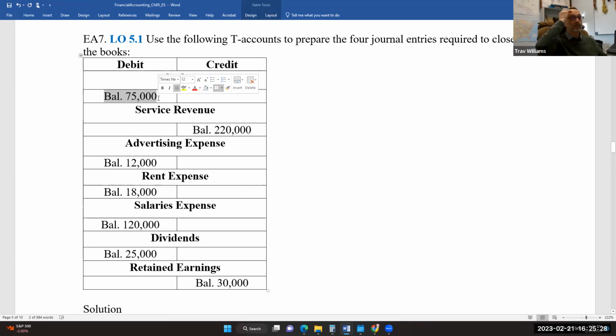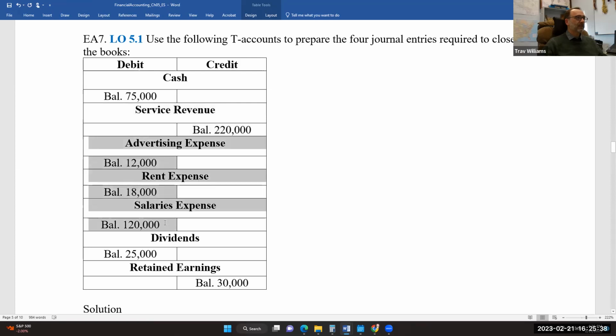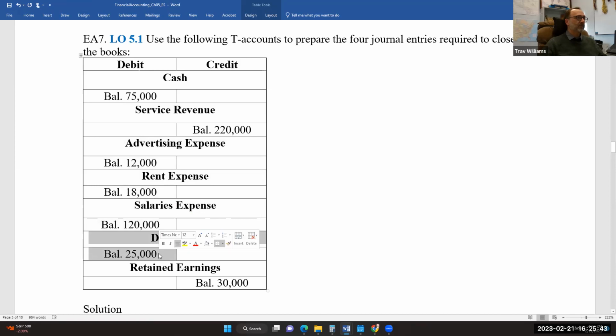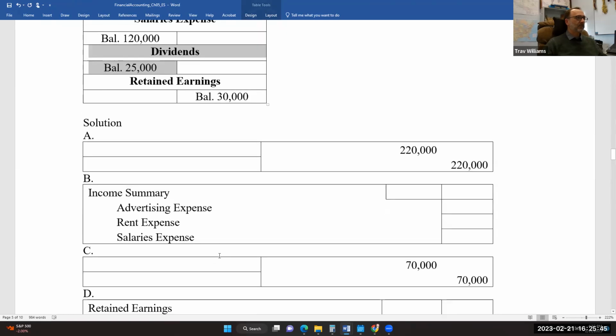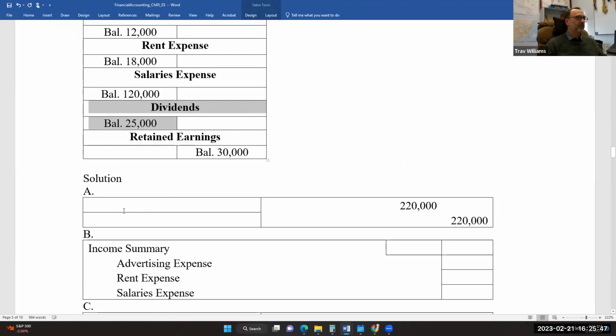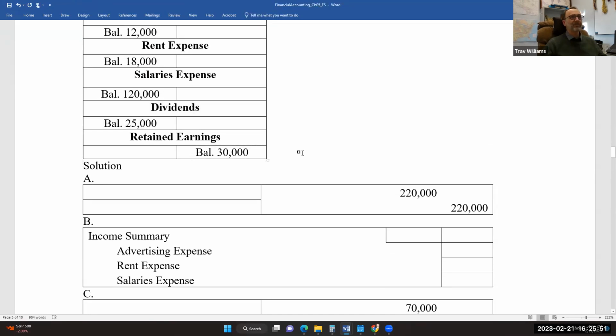Because we're dealing with temporary accounts and cash is a permanent account. So ignore cash. Revenue, we're going to have to close out. We've got 3 different expense accounts we'll have to close out. Dividends we'll have to close out. And retained earnings, we're not going to need the beginning retained earnings balance, so they're just trying to throw us off here.